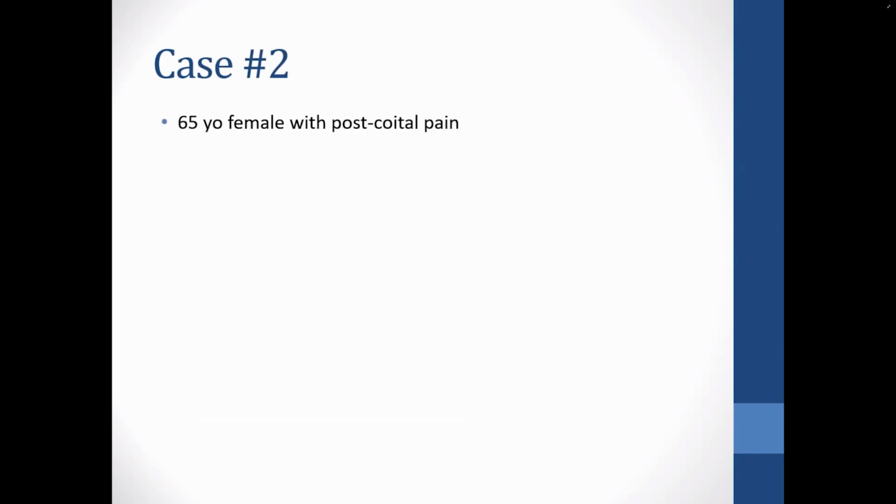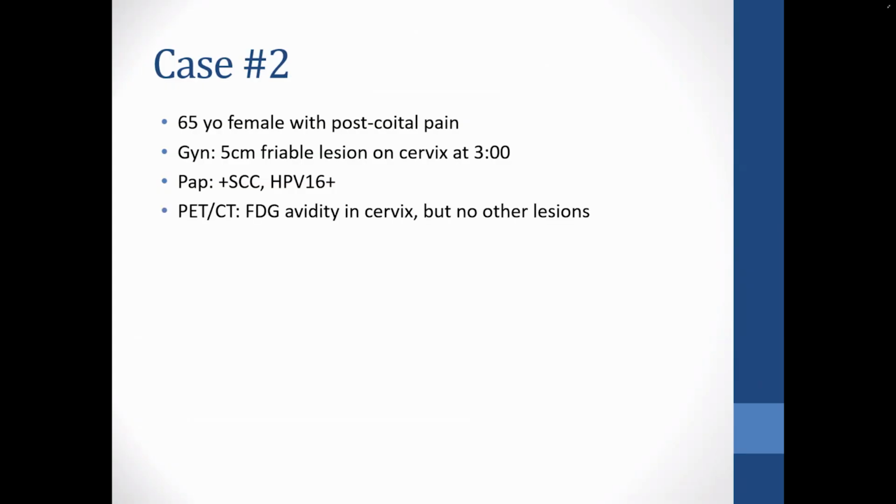Case number 2 is a 65-year-old female with postcoital pain. She sees her general gynecologist, who notes a 5-centimeter friable lesion on the cervix at 3 o'clock. A pap smear is performed, and squamous cell carcinoma is detected that is HPV-16 positive.